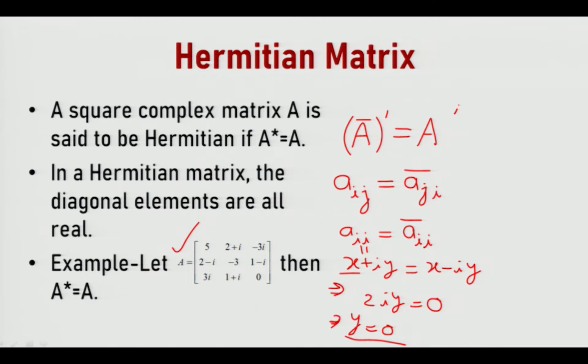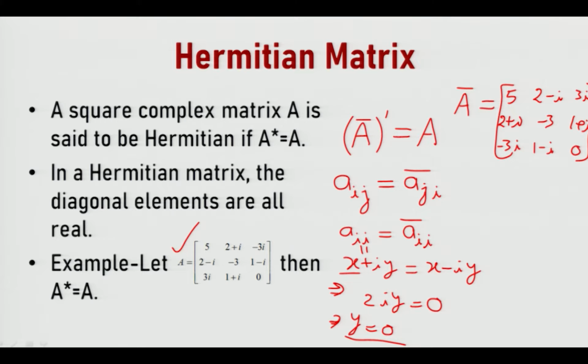Take the conjugate of A, then it will be equal to 5, 2 minus iota, 3 iota; this is the conjugate of the elements 2 plus iota, minus 3, 1 minus iota, this will be 1 plus iota, and 3 iota will be minus 3 iota, and 1 plus iota, 1 minus iota, and 0 is 0.